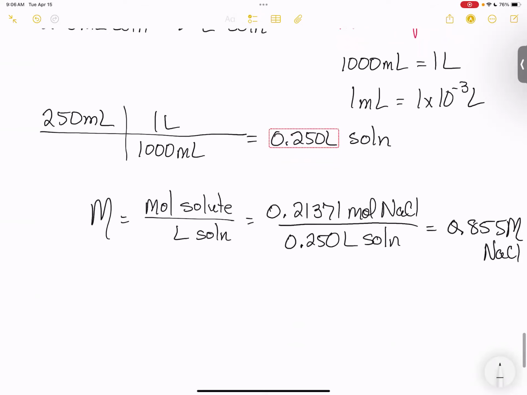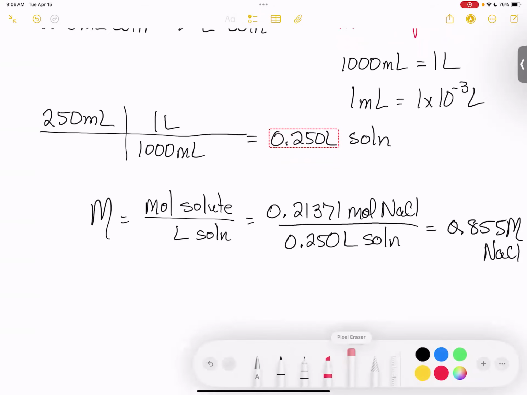Now, if I'm recording this according to significant digits, the only thing you have to pay attention to is your starting quantities. The 12.489 had 5 significant digits. The 250 milliliters had 2 significant digits.